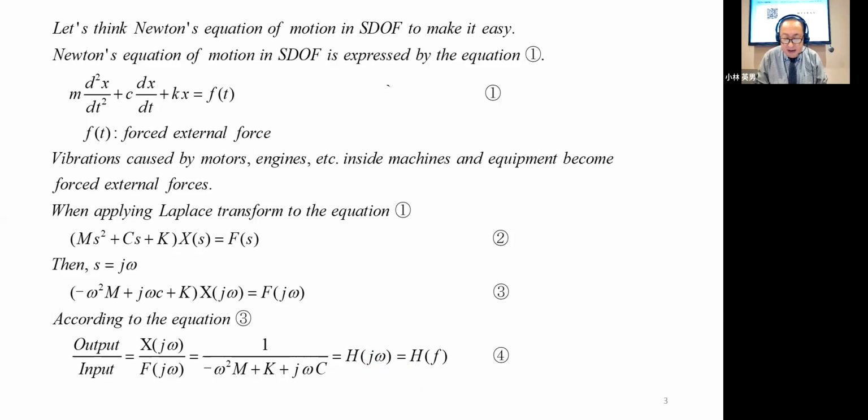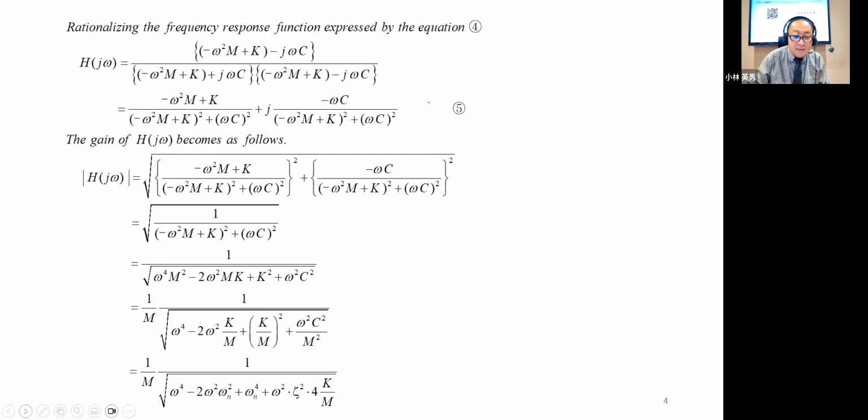But it's long to say, so we usually call this FRF. This stands for frequency response function. I go to the next slide.